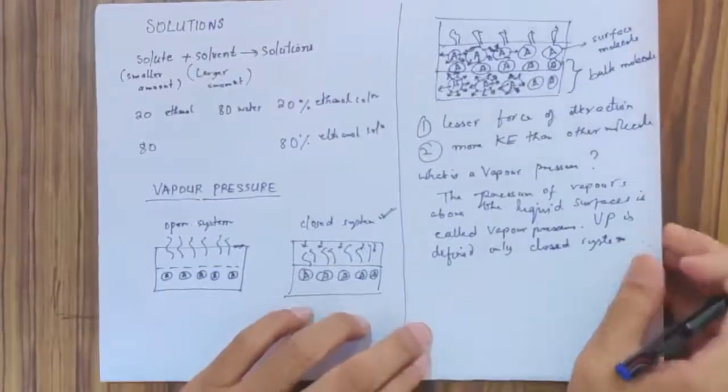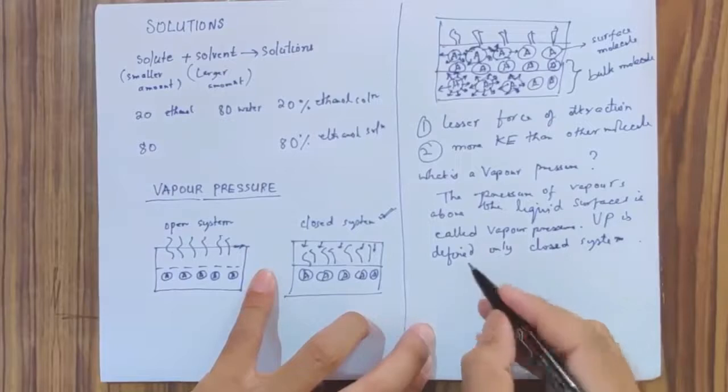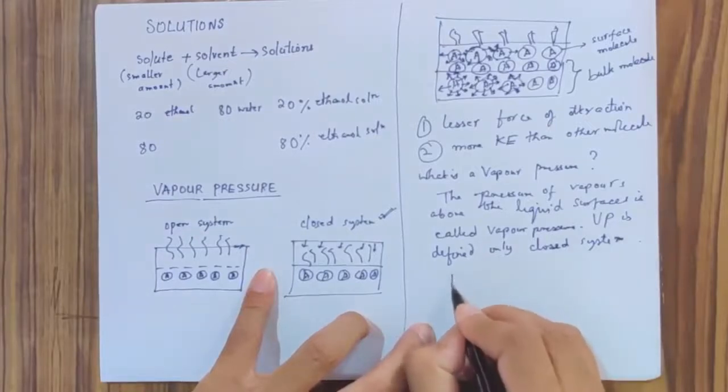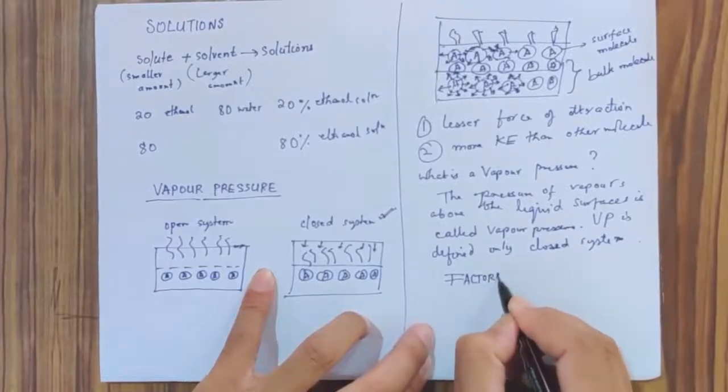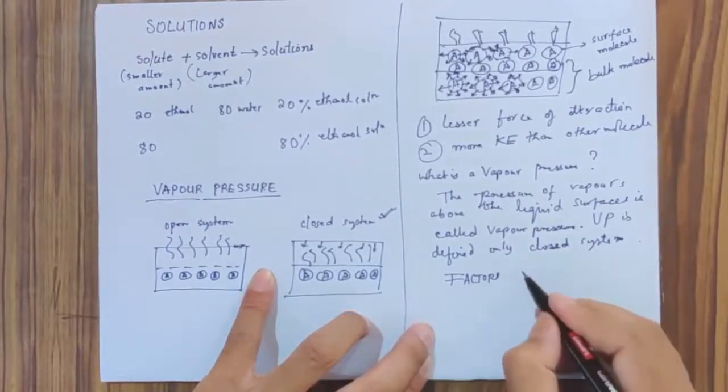Next is the factors on which vapor pressure depends. Okay. Next is, vapor pressure depends on which factors.